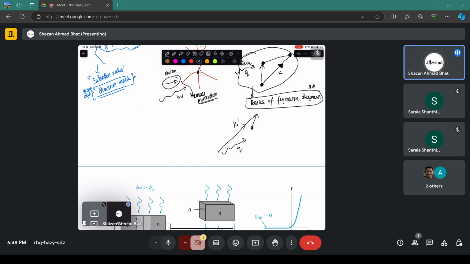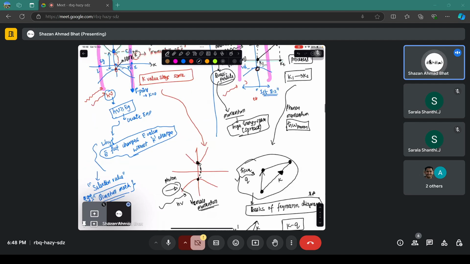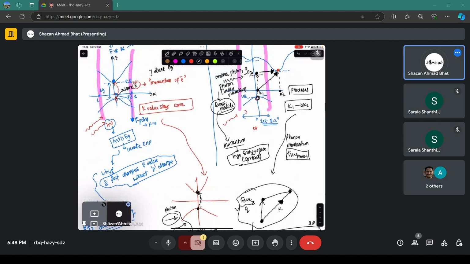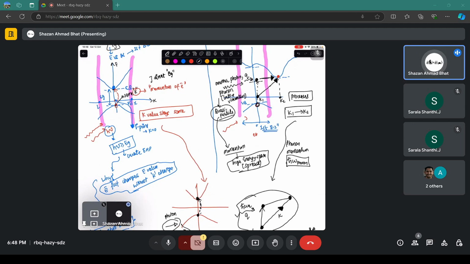Let's call it k dash. This is the electron momentum, and you can see that overall momentum will be k minus q. That is the essence of how you deal with particles, and this is the core fundamental particle physics aspect here. But we don't want to deal with this. We just want to understand how the electronic transitions are made possible.